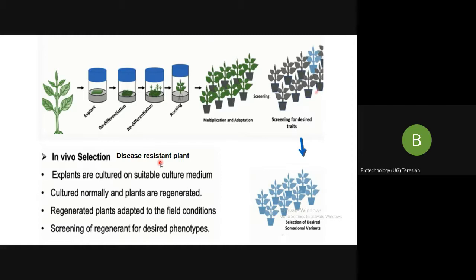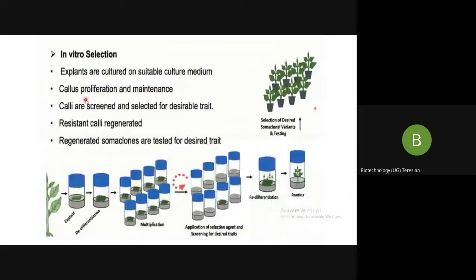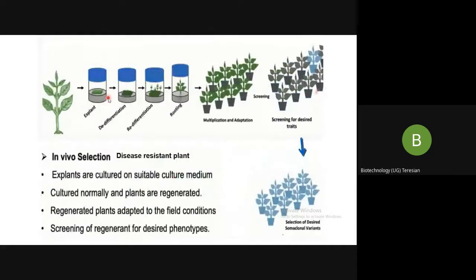Now the plantlets will be ready for the transfer to the soil. So here what actually happens is the explants are cultured on a suitable culture medium. So this is my plant. I have taken the explant, and I have added different concentrations in the medium so that it undergoes de-differentiation. So the callus has undergone de-differentiation.